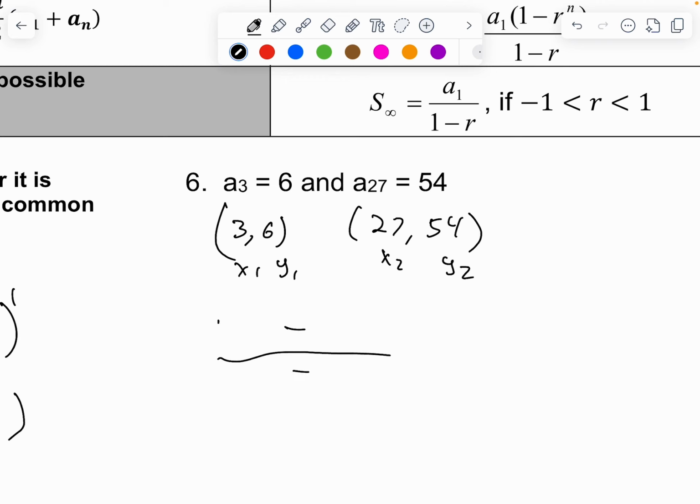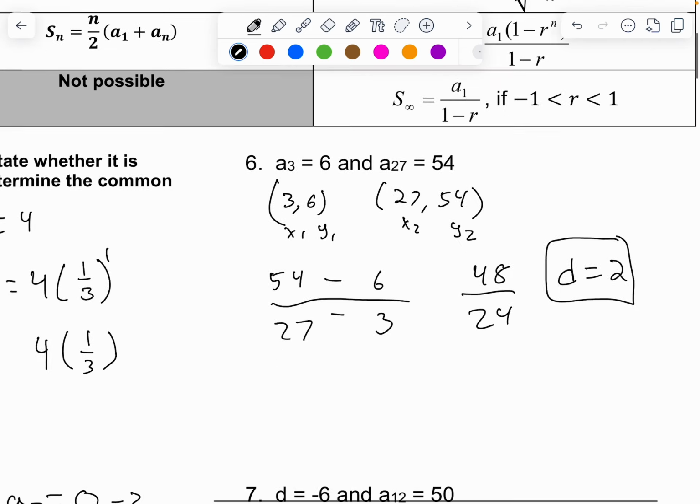I say 54 over 27 and 6 over 3. And then I would work that out, and that will give me my common difference. So if I do 54 minus 6, I'm going to get 48 over 24, 27 minus 3. And so that tells me my common difference in this pattern is 2.